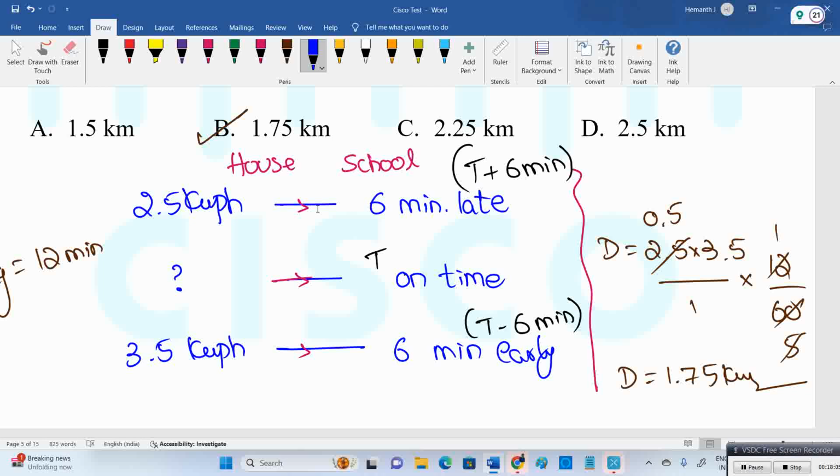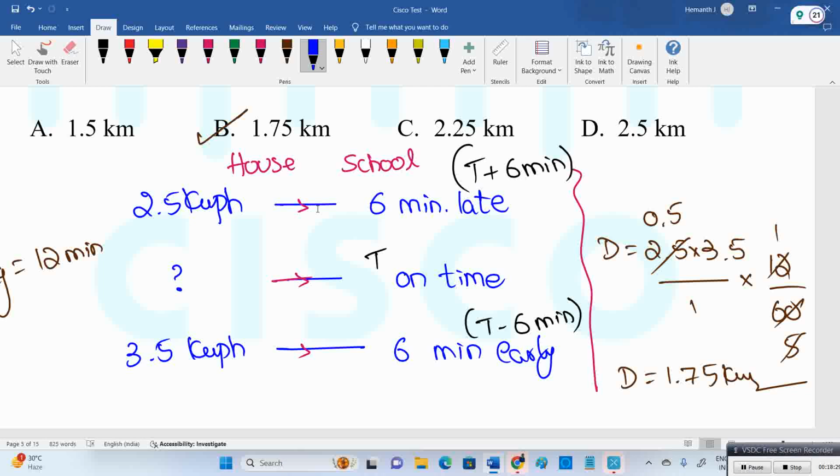Everyone try this: how to calculate the speed if you want to go to school on time. With 2.5 you are late by 6 minutes, and with 3.5 we are going early. Now I'll give one idea for you, some other concept, progressions concept I am involving here.